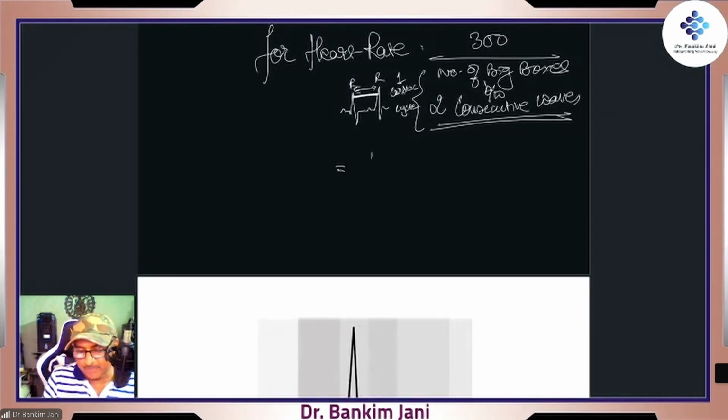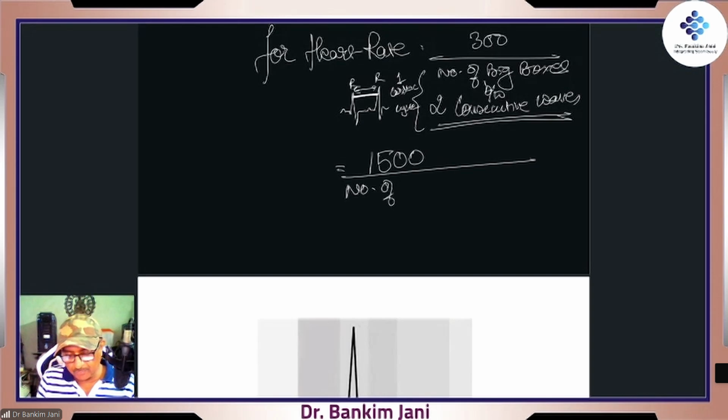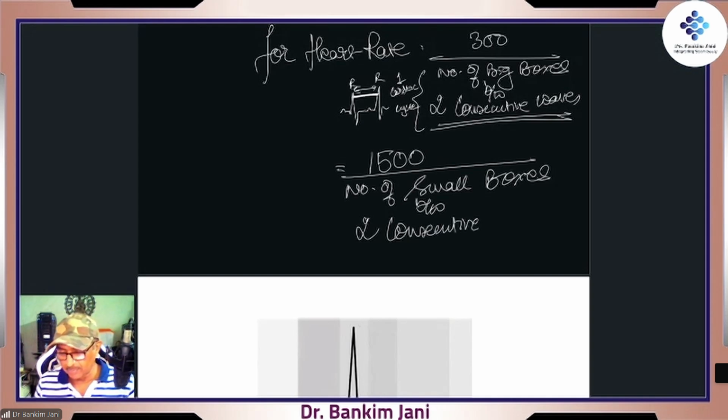Same thing, but here it would be 1500 divided by the number of small boxes between 2 consecutive waves.